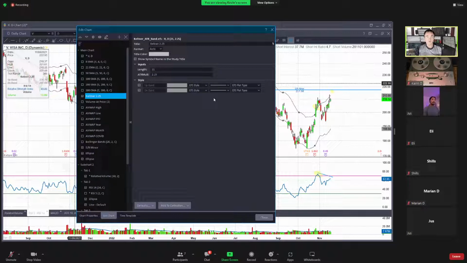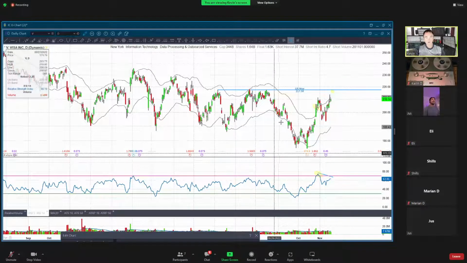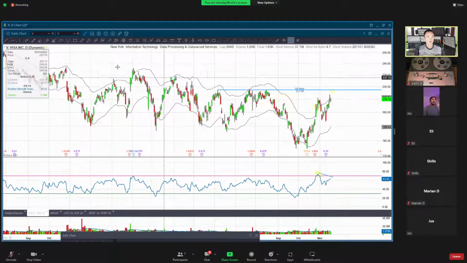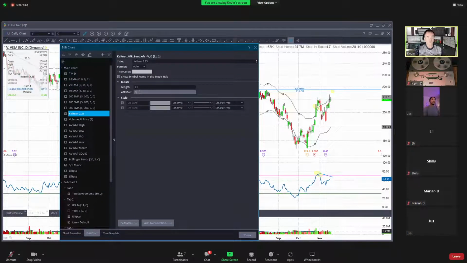If I set it to 2, there would just be too much price action outside of those Keltner channels. Look how much there is now, right? There's quite a bit of price action outside. So I like it to be a little bit more discerning. That's why I set it to 2.25.